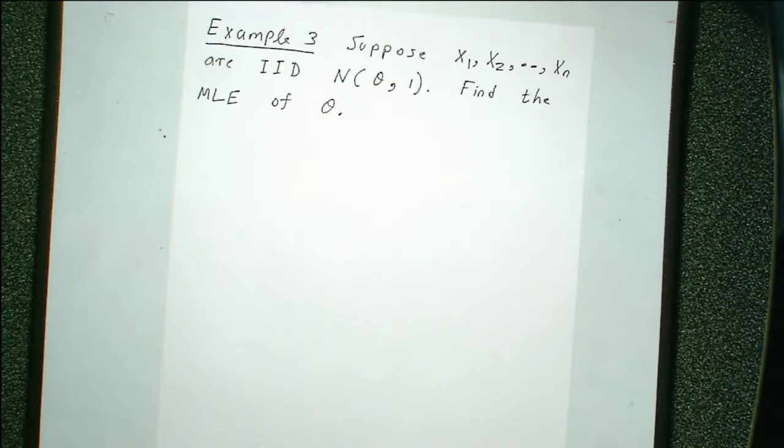Example 3 is this. You have a random sample from a normal distribution with mean equal to theta and variance equal to 1. Find the MLE of theta.